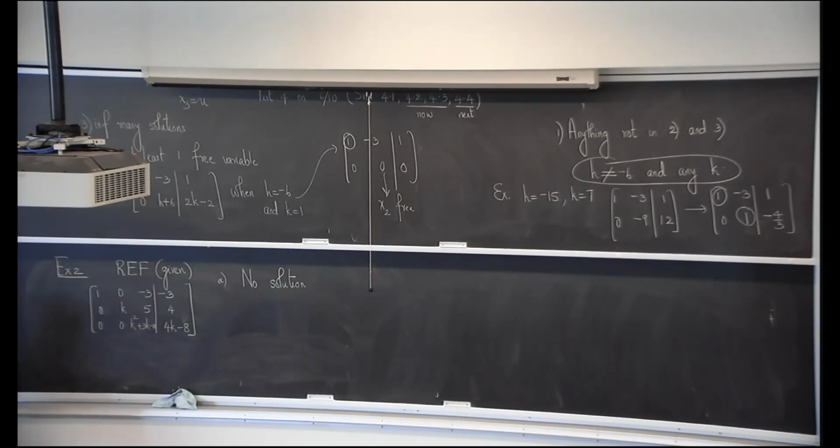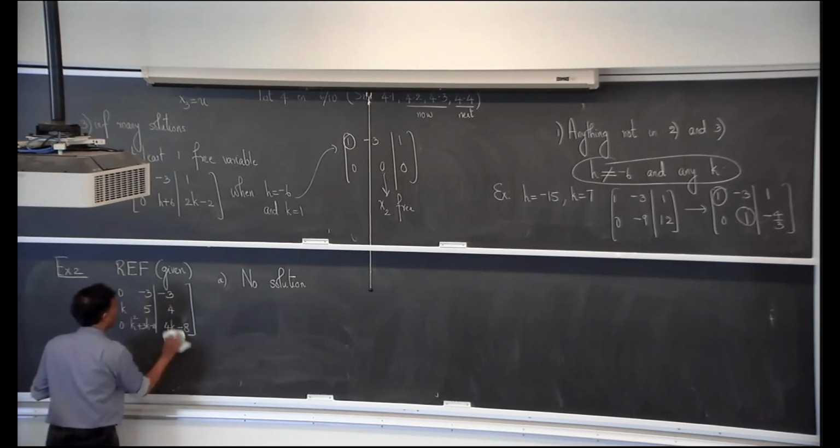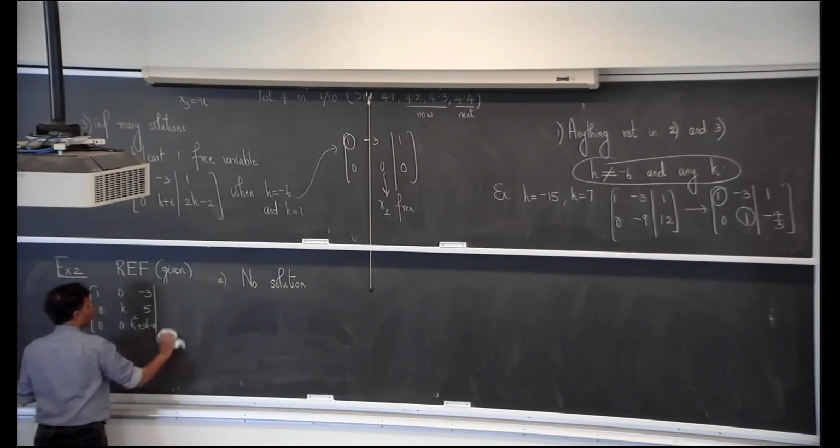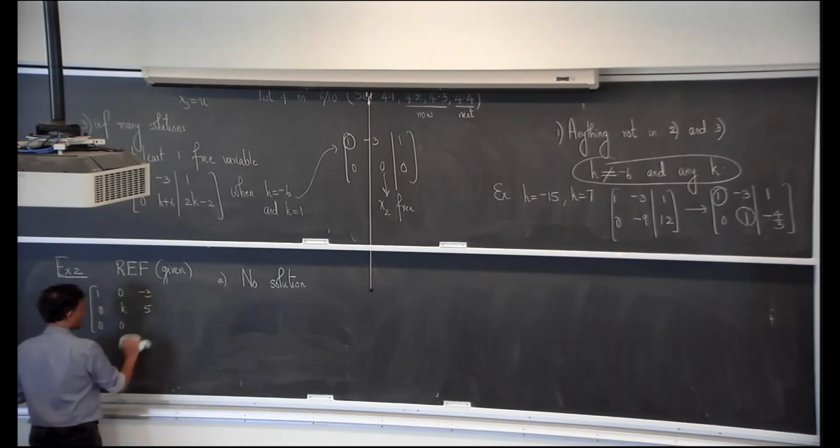K square plus 3K minus 10 was the row 3, column 3 position. Okay.